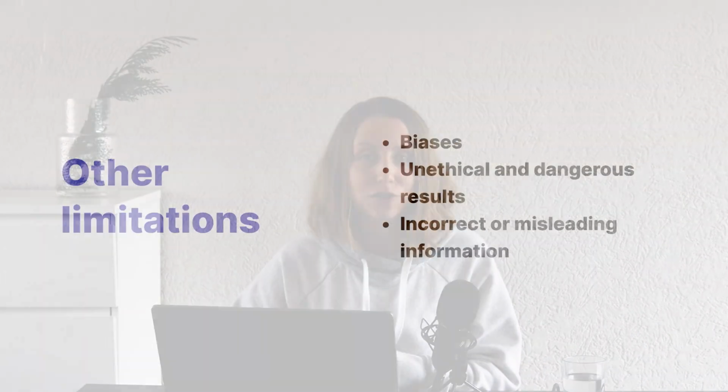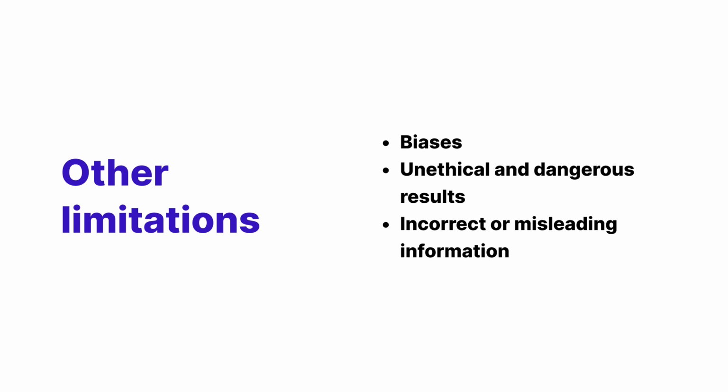Artificial intelligence can also easily produce incorrect or misleading information. And I'm talking about large language models in particular because this is where artificial intelligence is actually able to invent new concepts that never existed before. Because as we've discussed, these models are able to understand the relationships between elements to make sense of it. But they don't have the understanding of truth and lie.